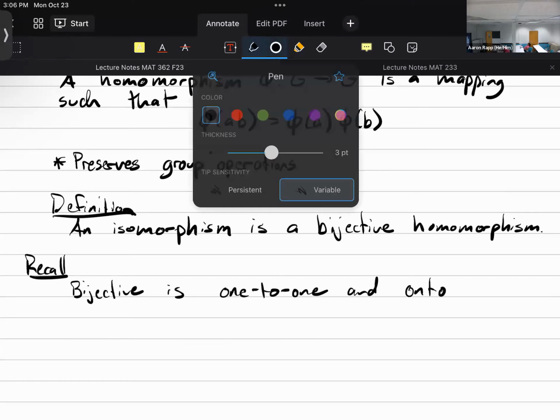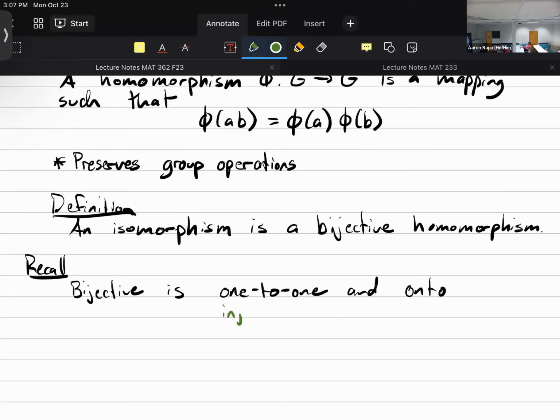But if you take a class with me, I use two different terms: injective and surjective. Those are two other terms commonly used to talk about the same thing. Usually you hear one-to-one and onto, and these are concepts you introduce even back in algebra courses. It's a little bit easier to correlate the concept of an injective function with the name one-to-one versus injective. Similar for onto and surjective.